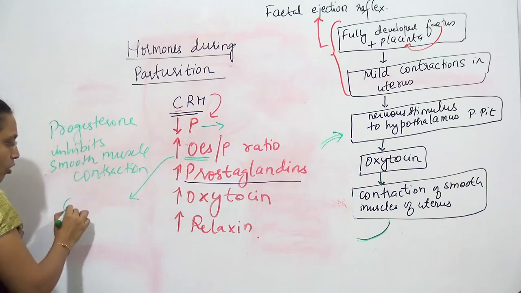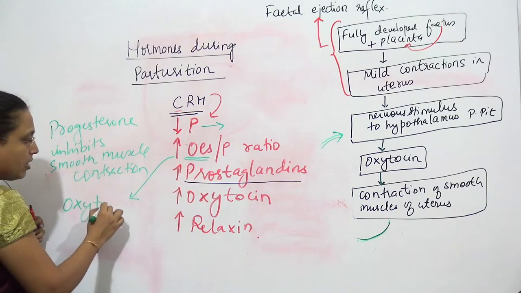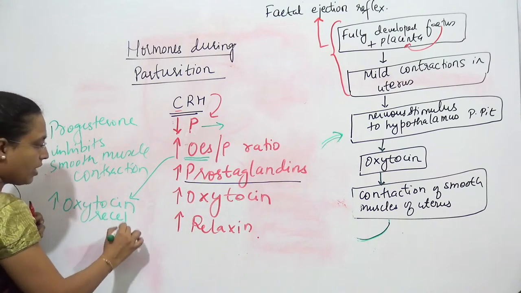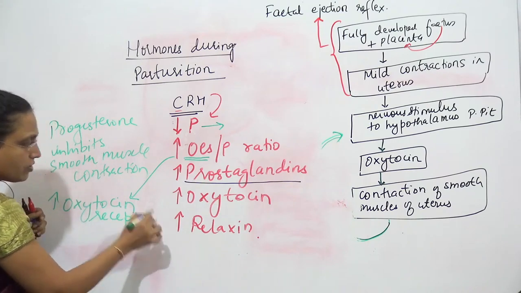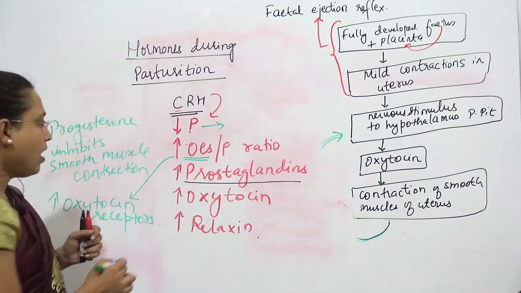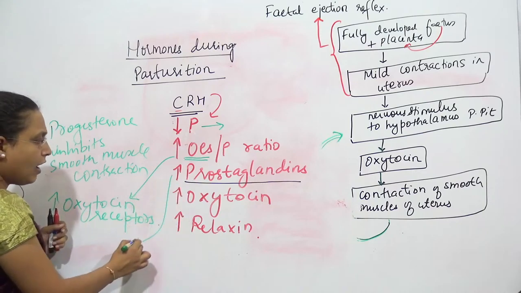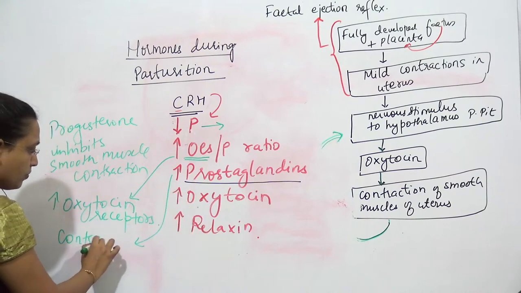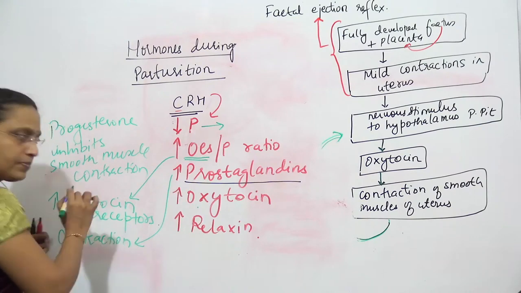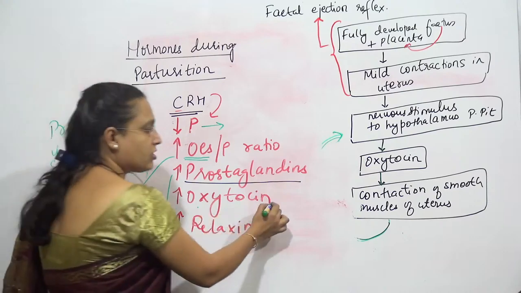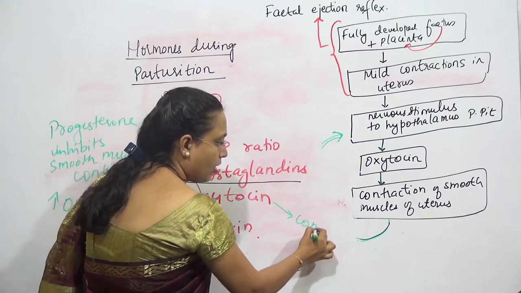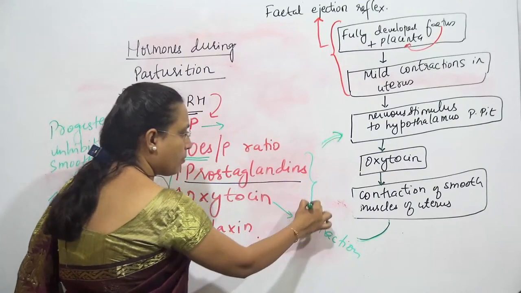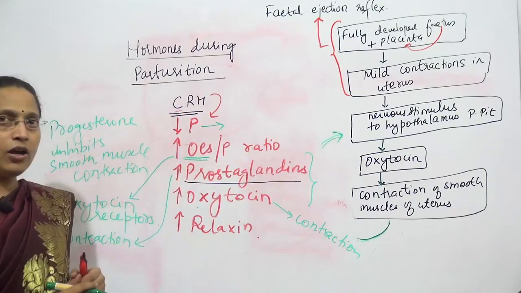It will increase oxytocin receptors on the smooth muscles of the uterus. Now prostaglandins, like oxytocin, help in contraction of smooth muscles. And of course oxytocin is important for contraction of smooth muscles. So both prostaglandins and oxytocin are important.